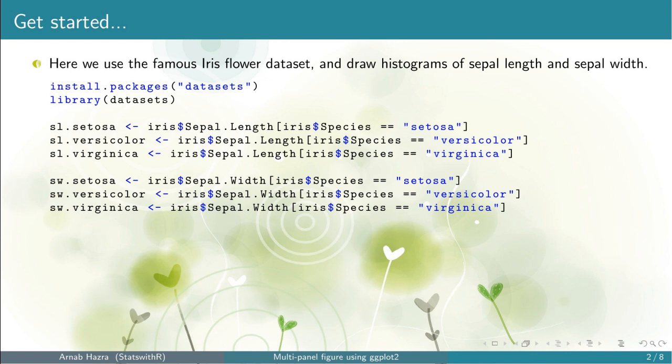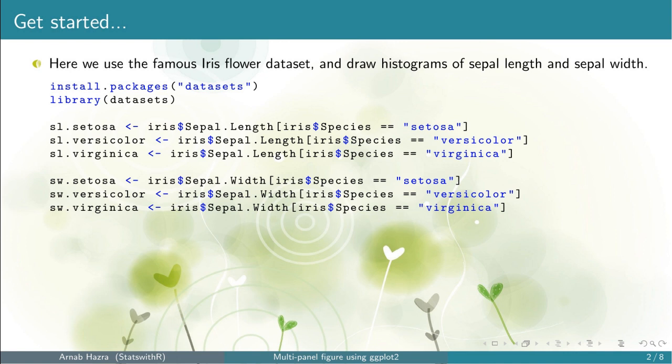Suppose we want to draw the histograms of sepal length and sepal width for the three iris species Setosa, versicolor and virginica. Each of the vectors sepal.length and sepal.width in the data frame iris consists of observations from all the three species.